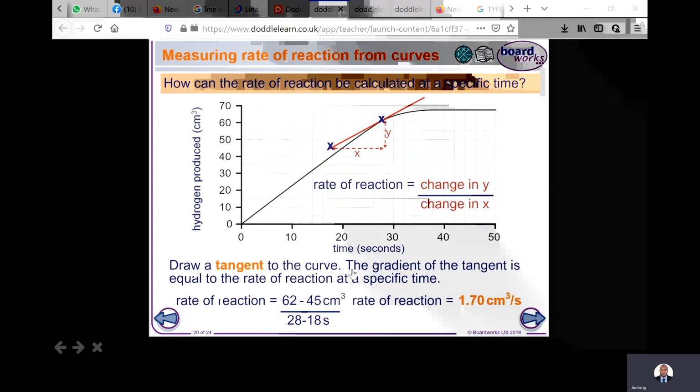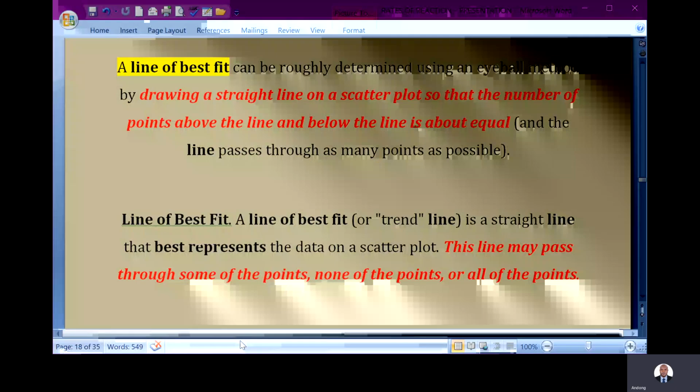Most students do not usually understand what a line of best fit is, but I want you to understand here that a line of best fit is a straight line on a scatter plot showing how the number of points above the line are almost equal or equal to the number of points below the straight line.